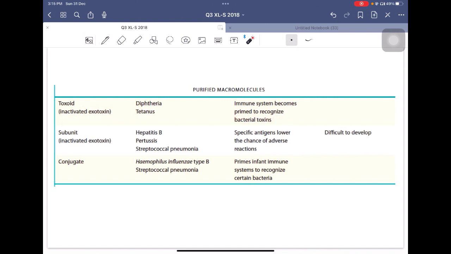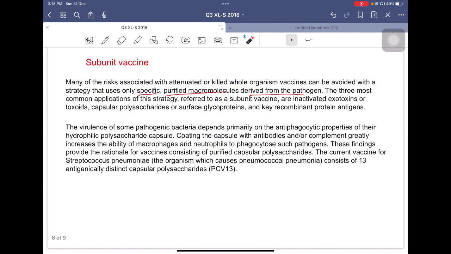Coming to the subunit vaccine. The virulence of some pathogenic bacteria depends on the antiphagocytic properties of their hydrophilic polysaccharide capsule. They have a polysaccharide capsule around them, which can evade phagocytosis by the immune cells. Coating the capsule with antibodies or complement greatly increases the ability of macrophages and neutrophils to phagocytose those pathogens.